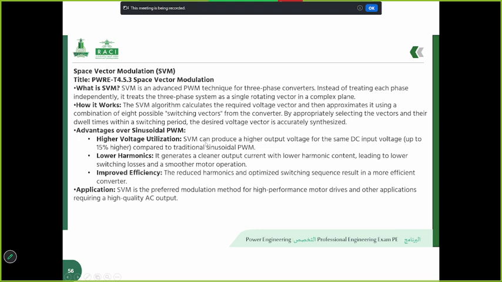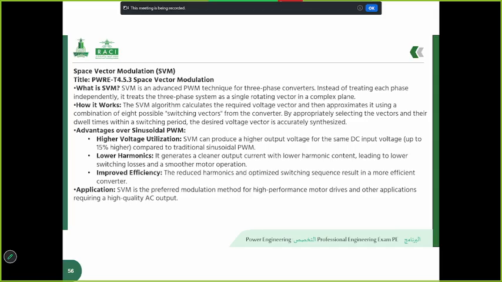In this slide, I want to talk about space vector modulation, which is an advanced and highly efficient PWM technique used primarily for three-phase converters. Unlike traditional sinusoidal PWM, which controls each of the three phases independently, SVM treats the entire three-phase system as a single rotating voltage vector.